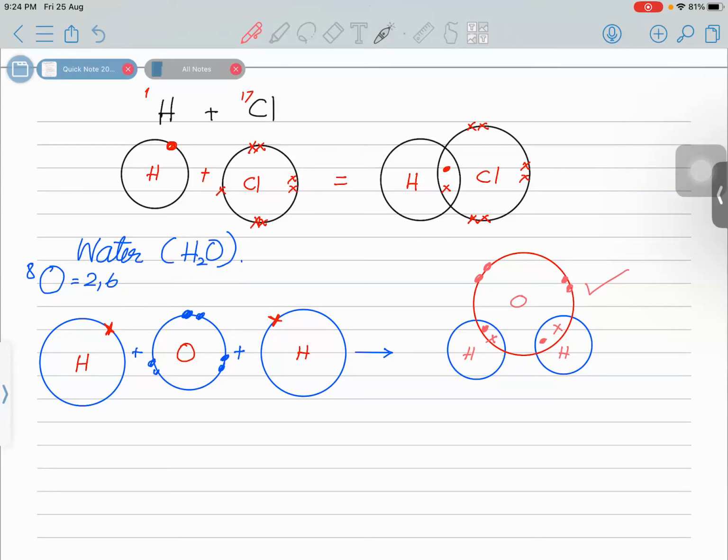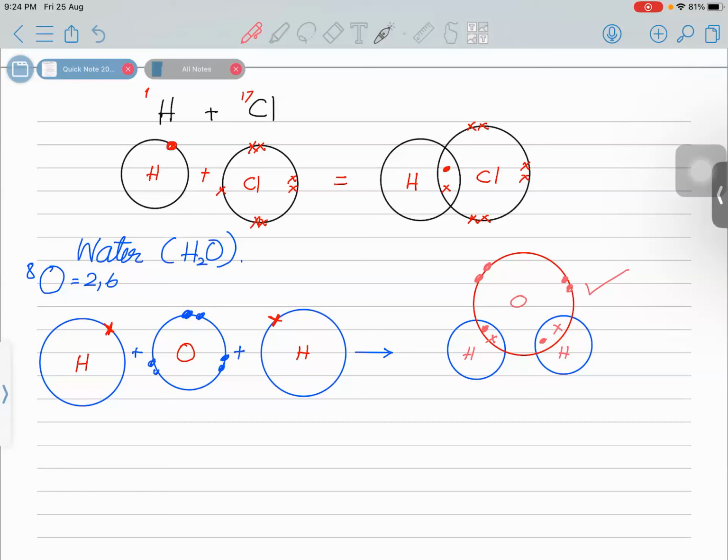Sir, is it necessary to draw the H atoms as small? No. Try to draw the diagram according to the shape of the orbital, right?